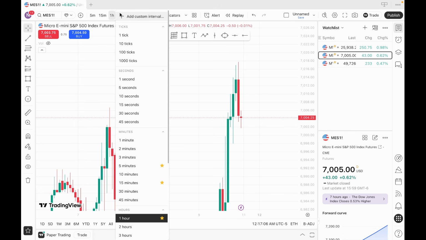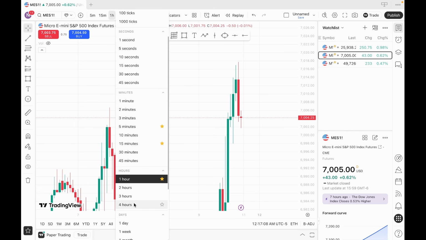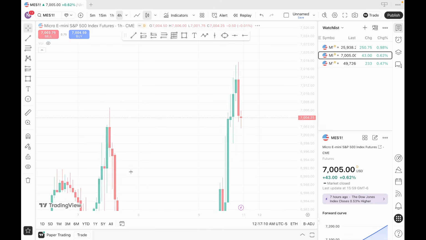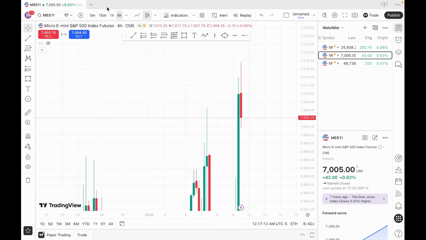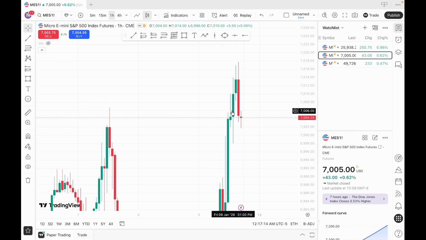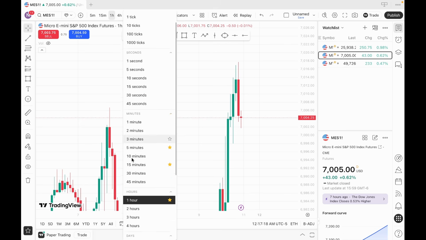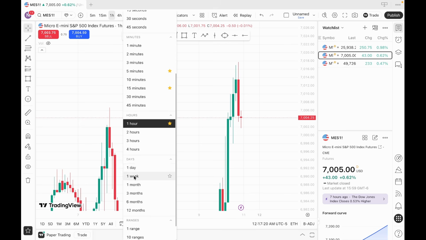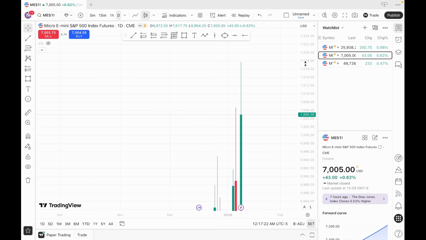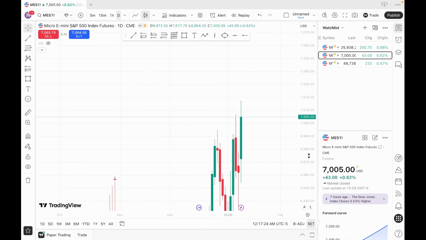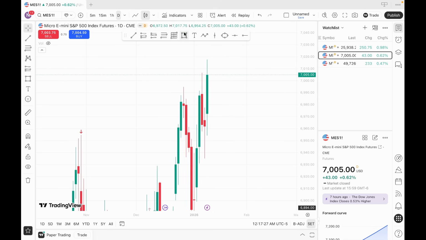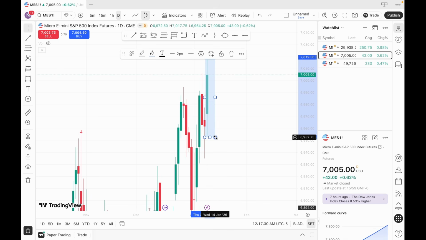Same thing if you were to go to 4 hours. One 4 hour candlestick would be 4 1 hour candlesticks. I've actually never highlighted a whole day. I kind of want to see what that looks like, just out of curiosity.